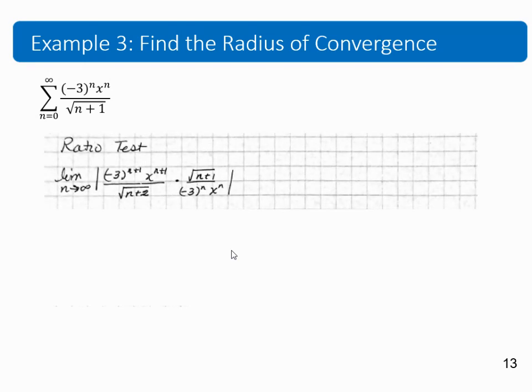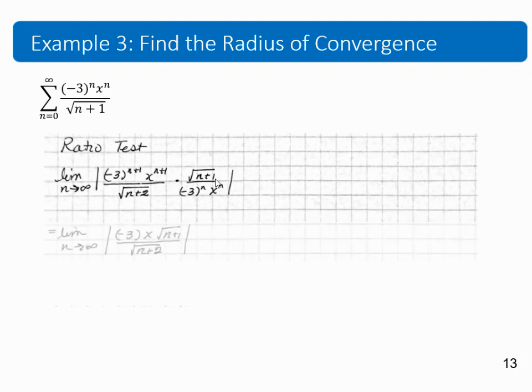And so by doing the ratio test, you take the n plus 1 term divided by the nth term, and you can see here I've already multiplied by the reciprocal. And so when you multiply by the reciprocal and you reduce, you will get this expression.